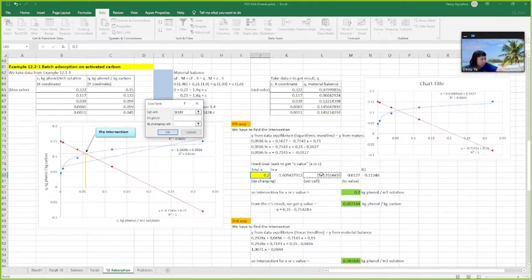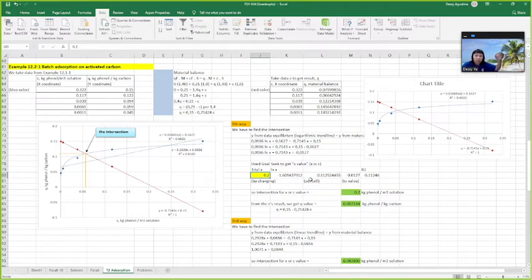Okay, maybe I will go back before I use goal seek. I make a trial for the x variable. Maybe I will put 0.2, and then I take ln x. This is the formula for this equation.